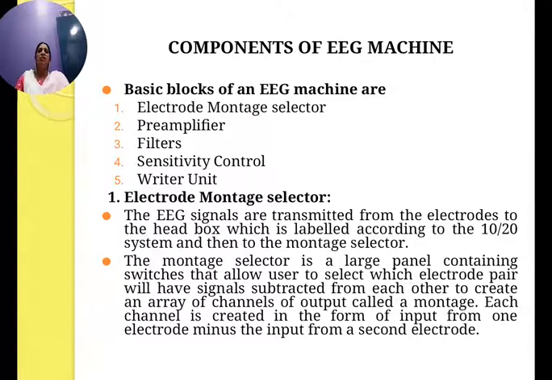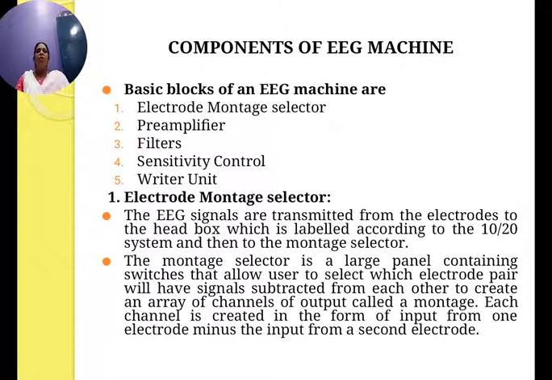Then the components of the EEG machine. The basic blocks of an EEG machine are the electrode montage selector, preamplifier, filters, sensitivity control and writer unit. Electrode montage selector: the EEG signals are transmitted from the electrodes to the head box, which is labeled according to the 10-20 system, and then to the montage selector.